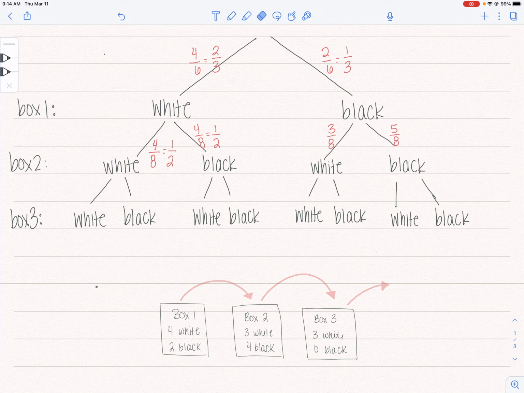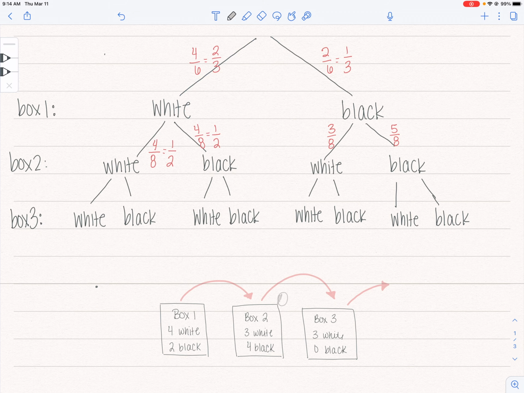So now in this next line, I'm assuming that I'm drawing out of box 2 and putting into box 3. So now I have assumed that I've drawn out a white ball from box 2, and I have put a white ball into box 3.